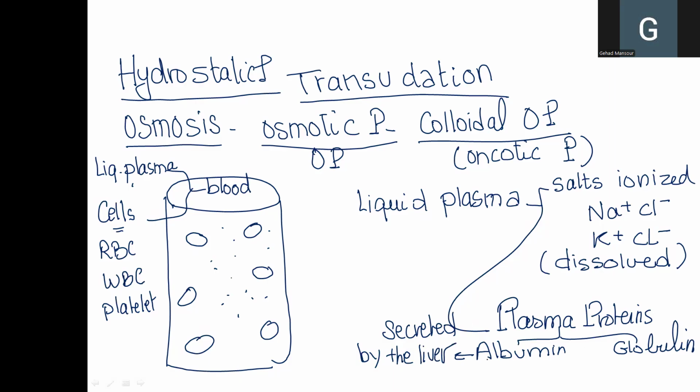Now, these plasma proteins are characterized by being non-ionized. So they differ from sodium chloride in that they are non-ionized, and they are not dissolved because they are larger than sodium chloride. So they are suspended in the plasma of the blood. Now, how is this important?